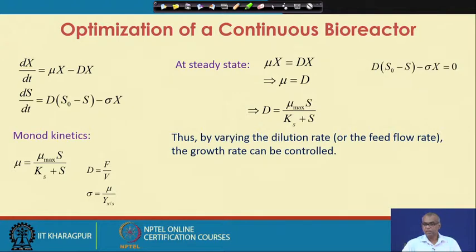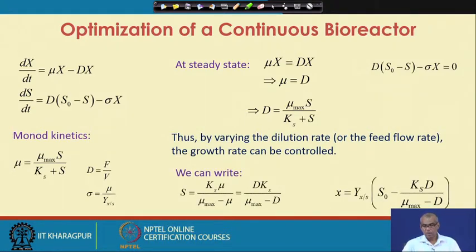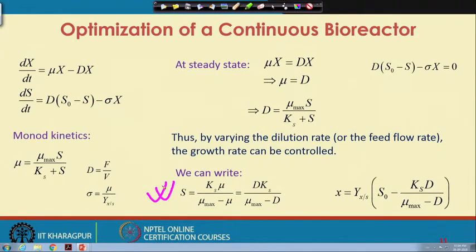So, by varying the dilution rate or the feed flow rate, the growth rate can be controlled. Now, you can write this for substrate concentration, you can also write for cell mass concentration.